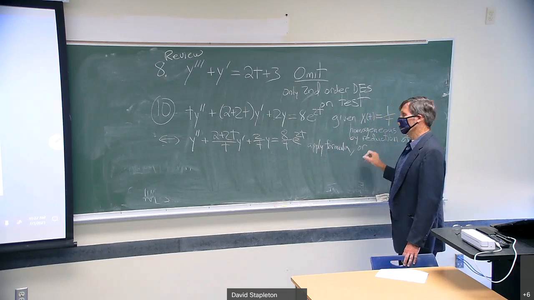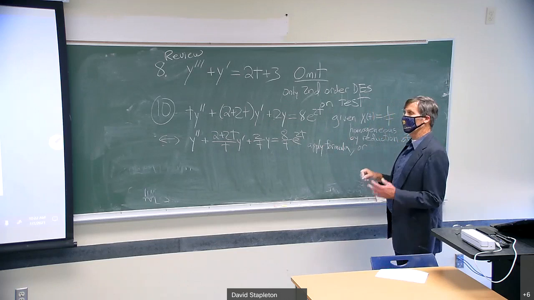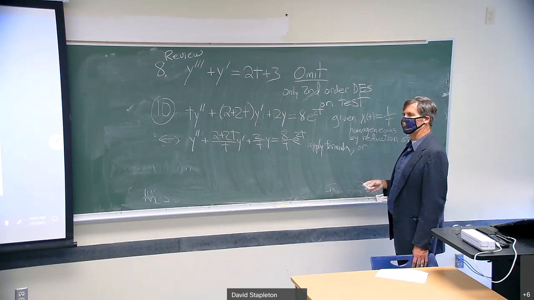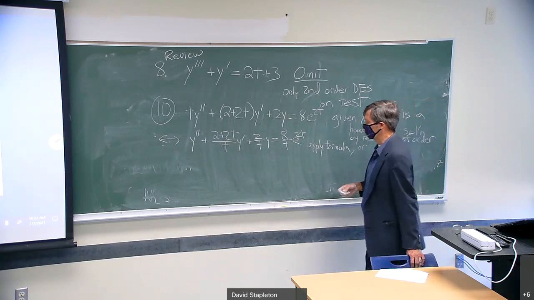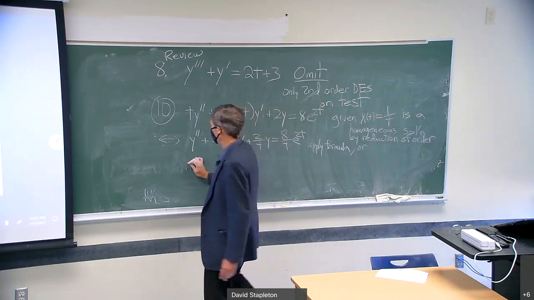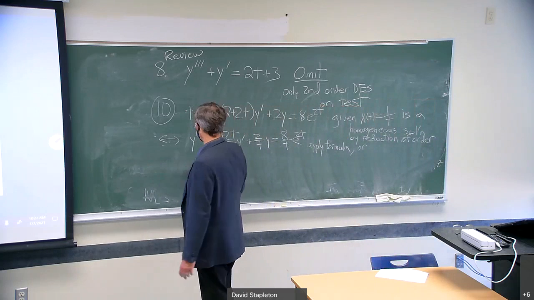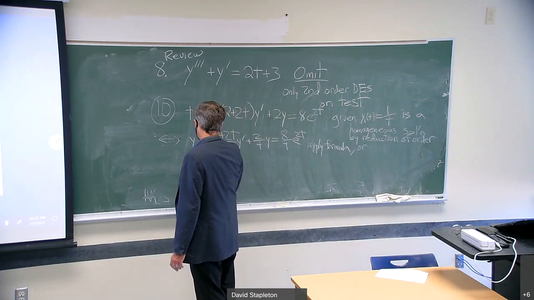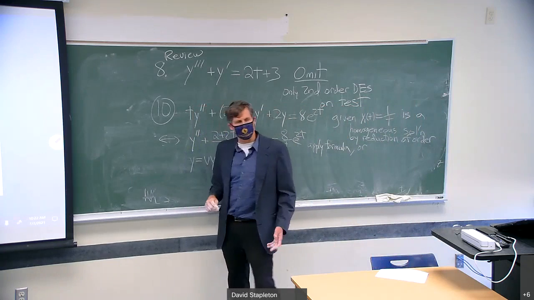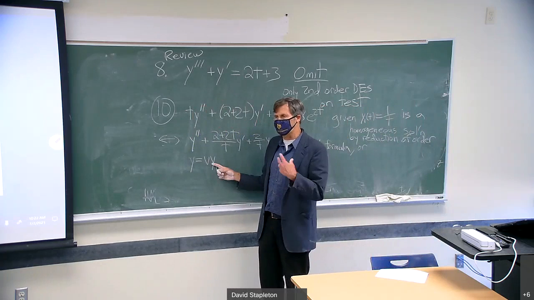Or, in lieu of the formula, all you really have to do is write y equals v y1 and substitute it in, so you don't have to memorize that formula. In the workplace you don't want to look it up, though it's not too hard to look up these days with the internet. It's the same method we used for the homogeneous case.